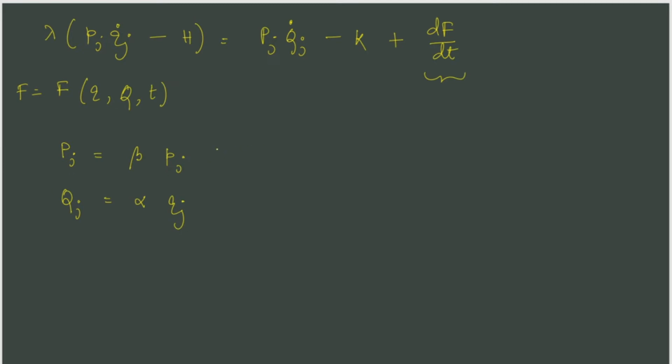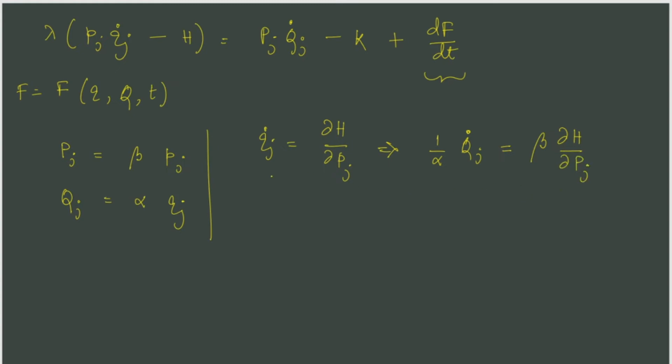If we do that, then we already had this, and in terms of the new coordinates it would be what? 1 by alpha qj dot is equal to, yes.